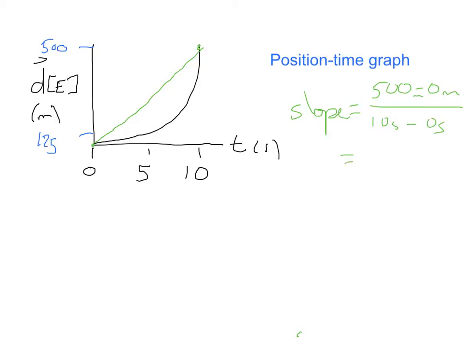So it gives me essentially 500 over 10, or 50 meters per second. This is my average velocity. Again, the slope of a displacement time graph gives me a velocity. So this is an average velocity over time.